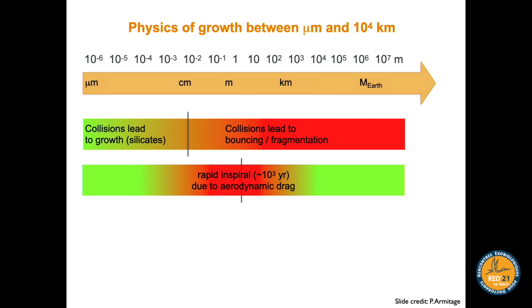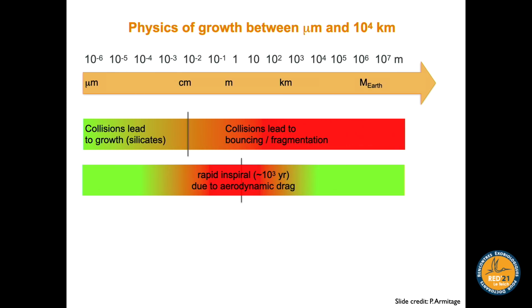There's also a size range, like I mentioned before, where there's rapid inspiraling. We'll talk a little more about that later. This is a key thing that will come up repeatedly, so let me explain it very briefly. Gas moves around a star at a certain speed, and large objects move at a slightly different speed. The reason is that the gas has an extra form of support from radial pressure, from temperature, whereas objects that are just doing gravity don't.